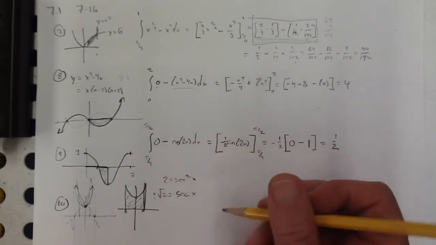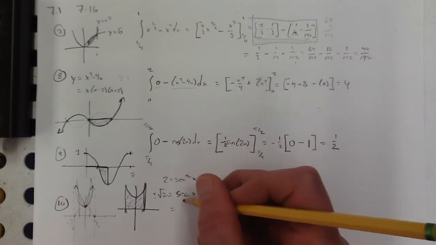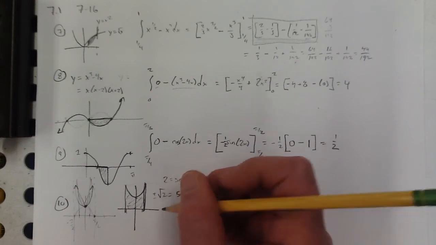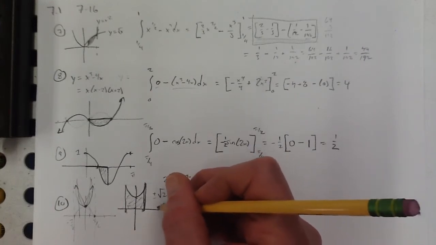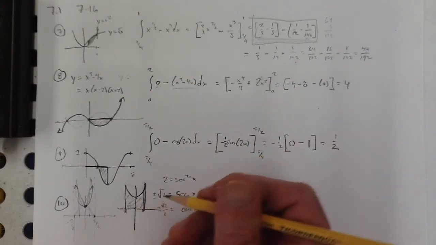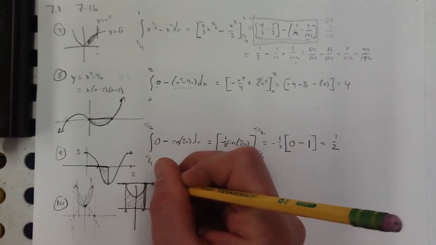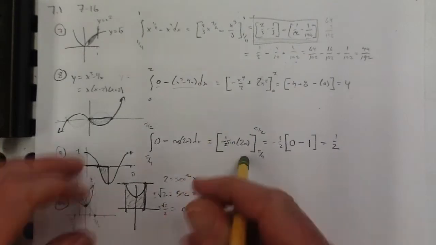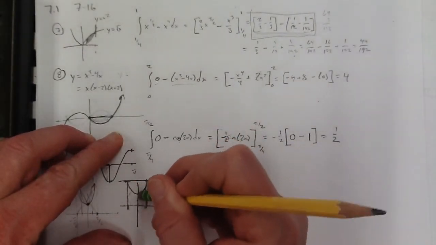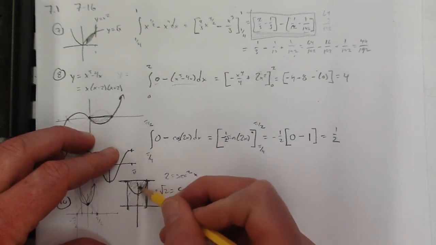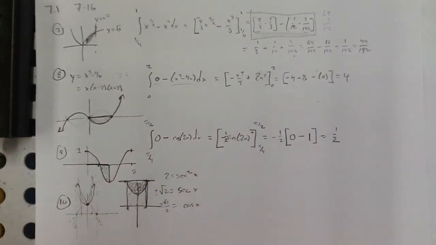I'll put that there, fine. And then that's cosine upside down. So that would be 1 over the square root of 2, which is the same as square root of 2 over 2. So that happens at plus or minus pi over 4. So it actually does intersect right there at 2. So that's nice. So I shaded in the wrong part there. We could do that, but they're asking us for that area.